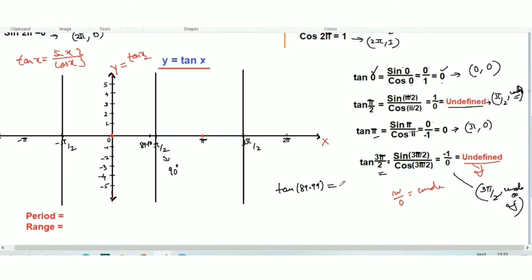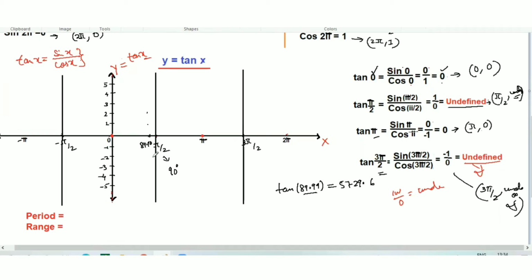If you put it in the calculator, you will get 5729.6. See, here is 1. When x is 89.99, what is the y value? 5729.6. Here is 1, 2, 3, 4. You have to go all the way to 5729.6 here, and just 89 is there itself. So we won't get any point here.